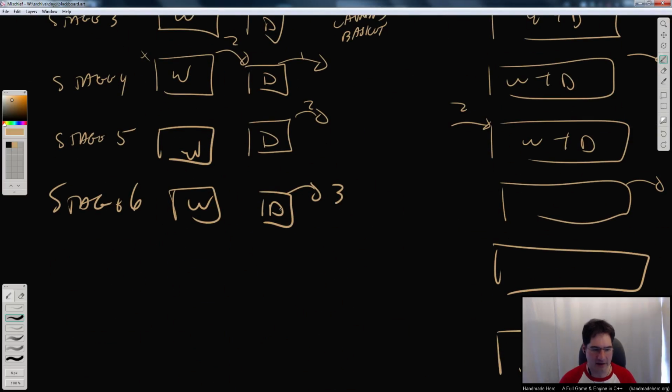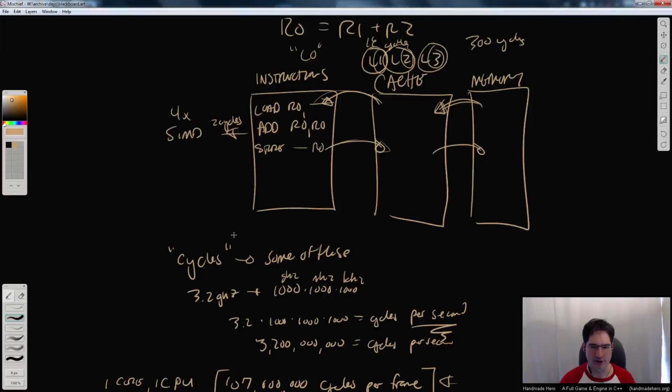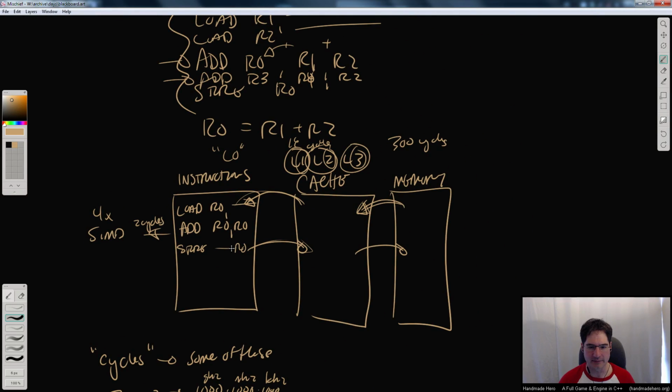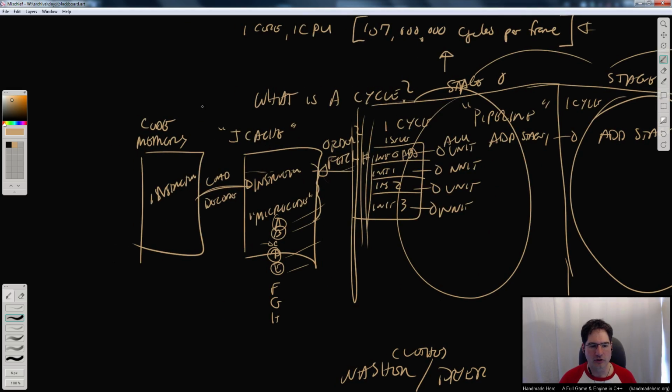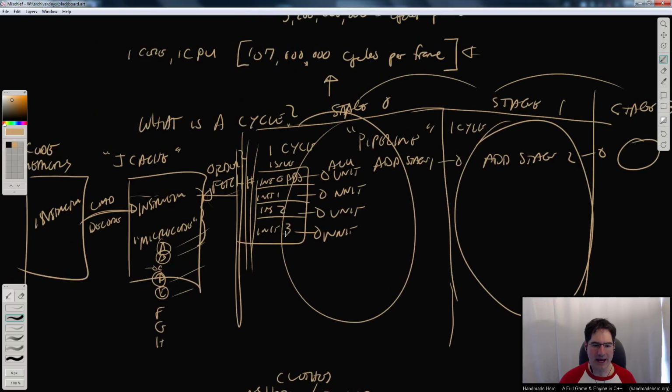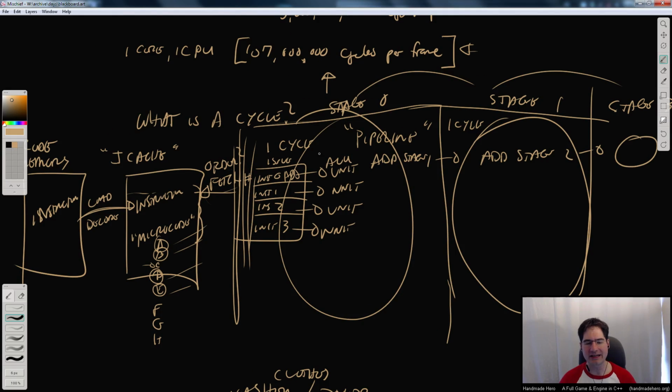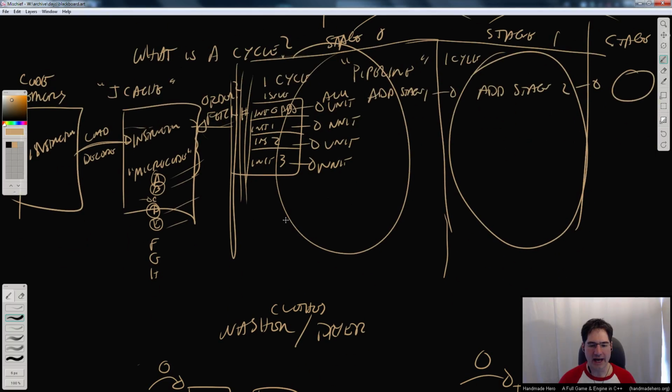Okay, so that gets us another part of our puzzle here, which is in this thing. Actually, I guess I want to be in here right now. So we've got our code memory, we've got our iCache, which has our microcodes in it. We're grabbing things, we're issuing them, right? And what we have then is two pieces of information that we need to care about: a number called throughput, and a number called latency.